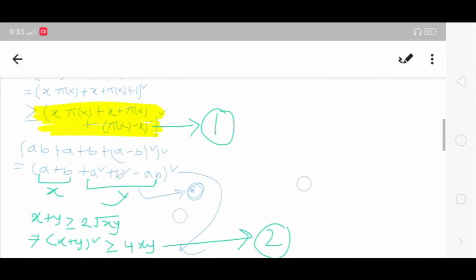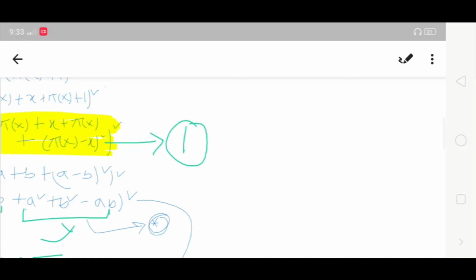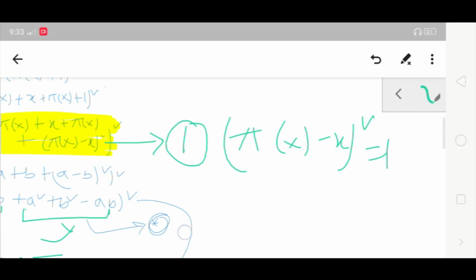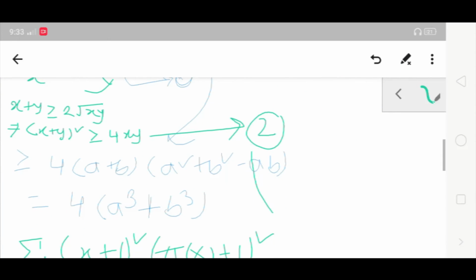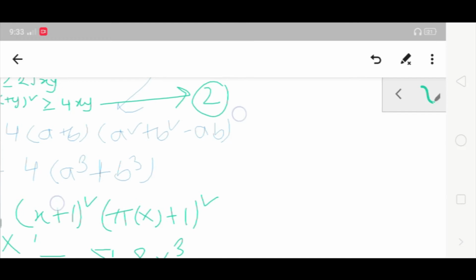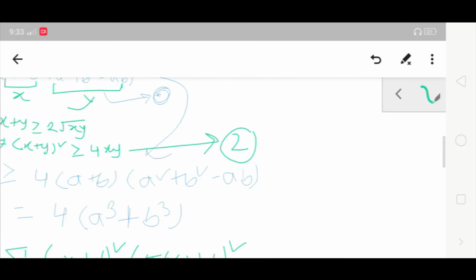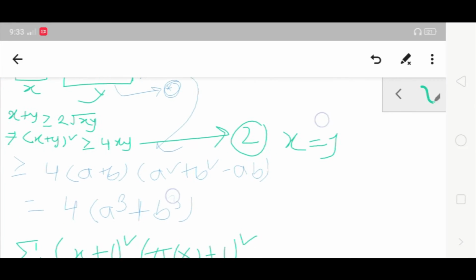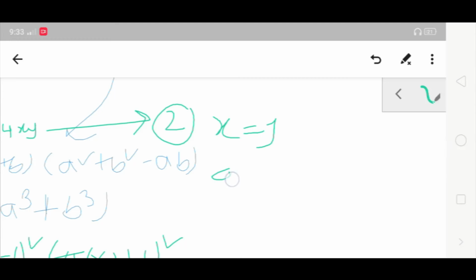Since we are concerned about the equality case, from step 1 it is very easy that pi of x minus x, squared, equals 1, and from the EGMO step it is very easy that a equals b, not necessarily here x equals y, which gives us that a plus b equals a squared plus b squared minus ab.